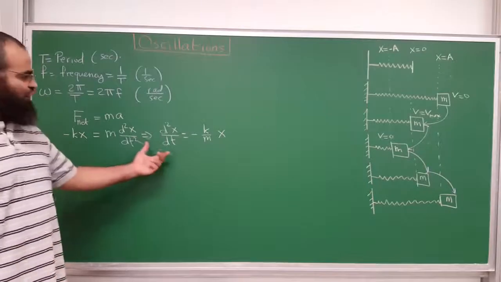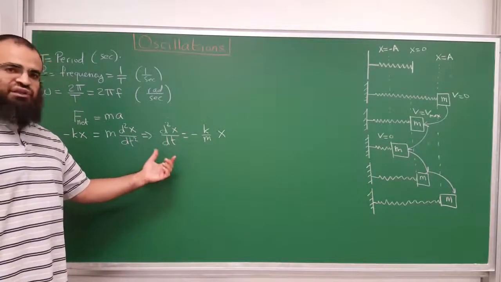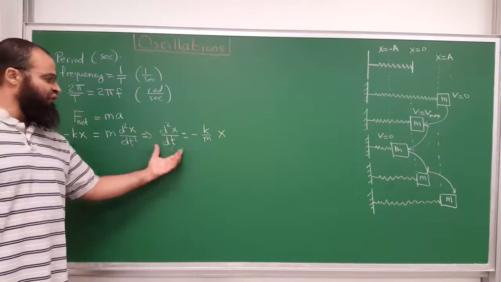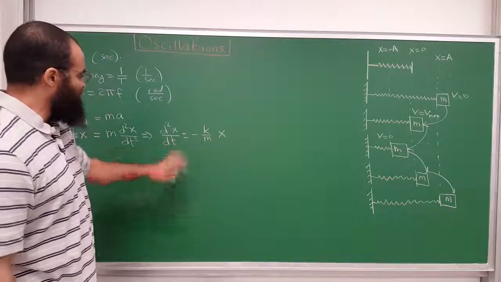This is called a second order differential equation. It's not like a regular equation, but a differential equation because it involves derivatives and a relationship between the function and its derivatives.